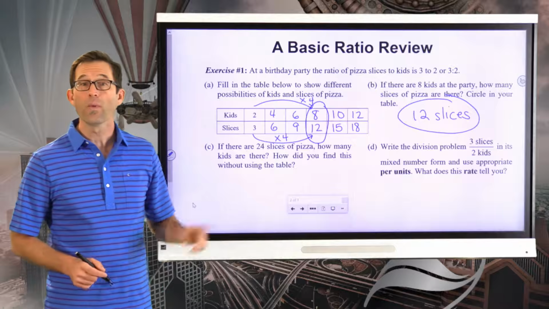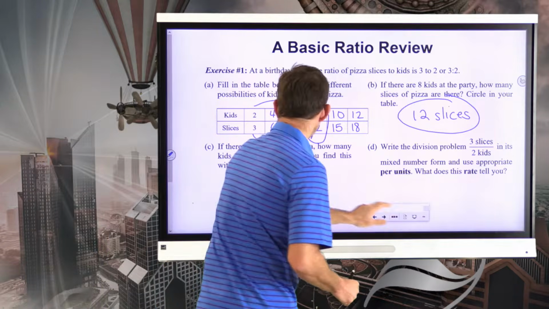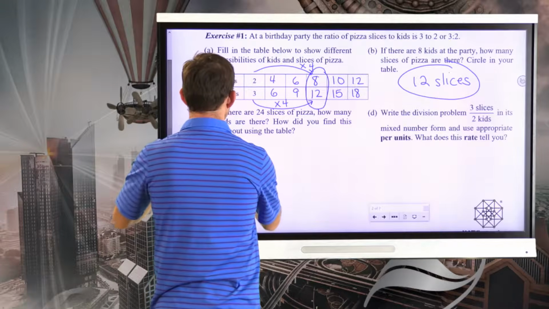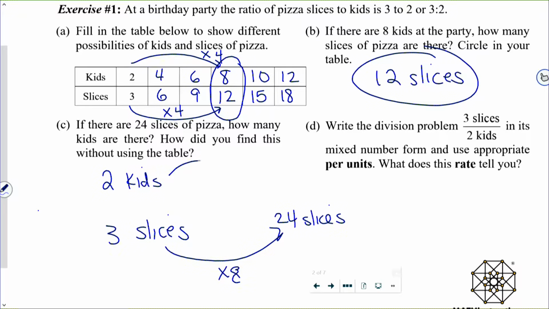All right, well, we can do something very, very similar to this, right? Where we can say, right, I've got 2 kids, I've got 3 slices, so if I want to get up to 24 slices, I would have to multiply by 8. Likewise, if I multiply the 2 kids by 8, I get 16 kids.